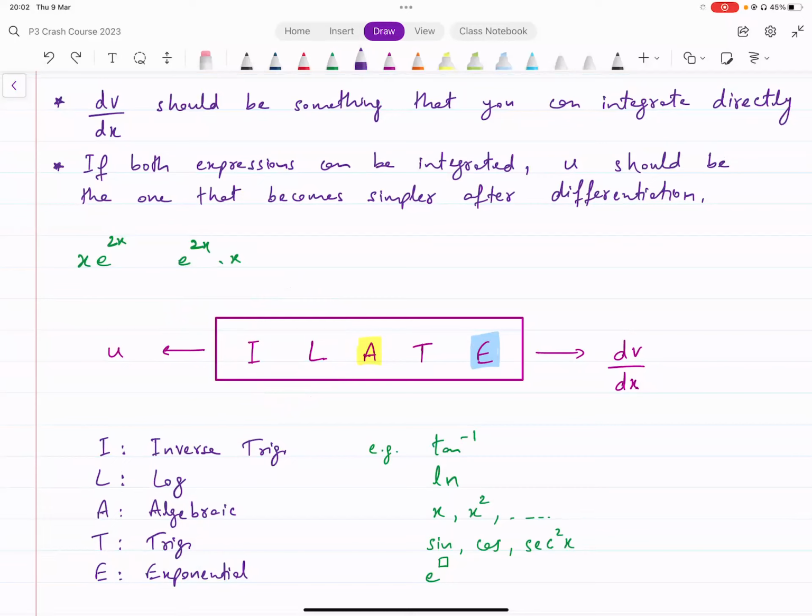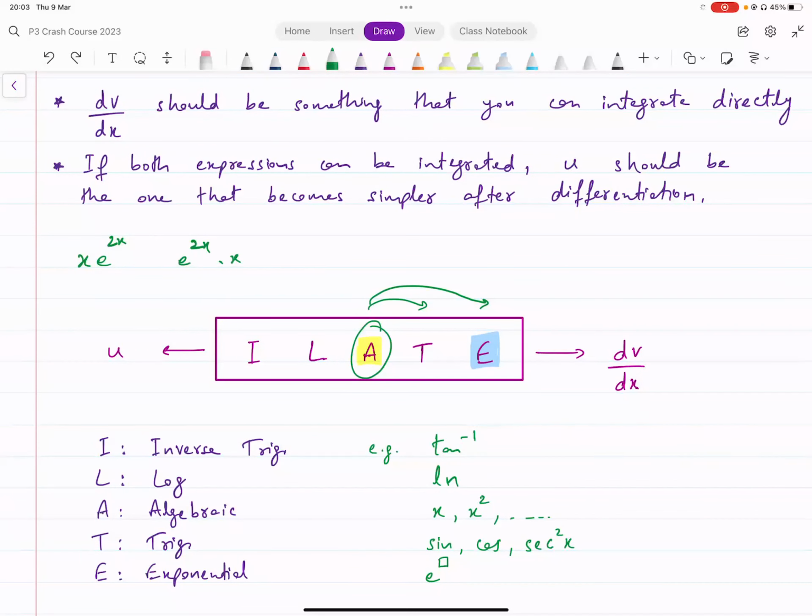All right. And then amongst the other three functions which can be integrated, A, the algebraic function, is the one that becomes simpler when differentiating. So if you have an A, and along with that one of these other functions, you should take A as u, because algebraic would become simpler after differentiation.